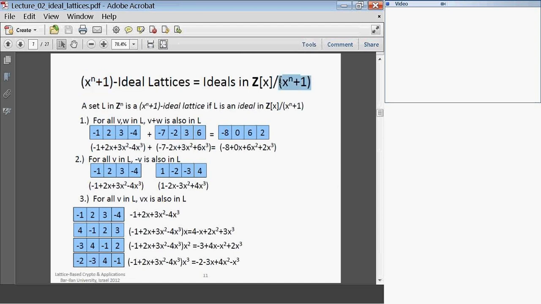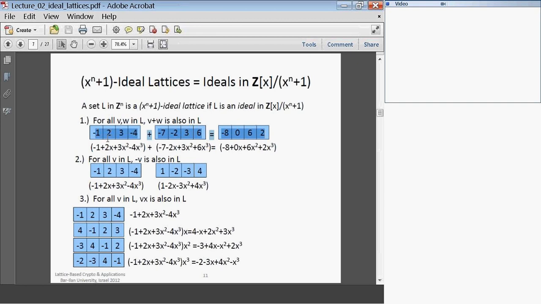In this case, we divide by the polynomial x^n plus 1, in contrast to x^n minus 1. And simply speaking, it gives us better security, because it allows us to directly trace back to the lattice problems that are NP hard.